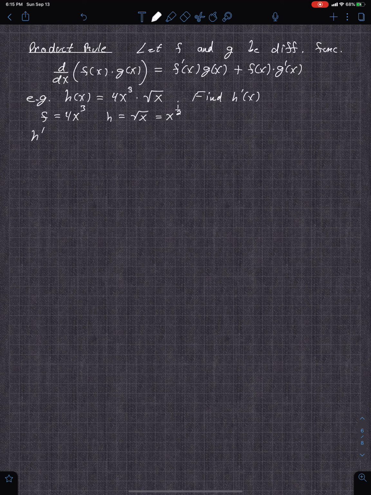So just for purposes of showing you, h prime then is derivative of the first, which is 12x squared, times the second, root x, plus the first, which is 4x cubed, times the derivative of the second, which is 1/2 x to the 1/2 minus 1. And then we combine it. Now the rest is algebra.